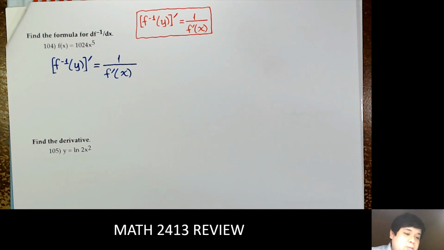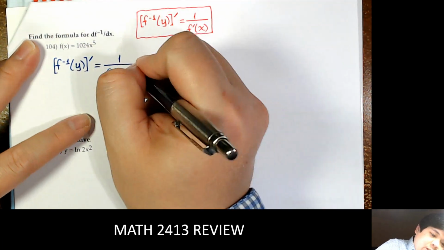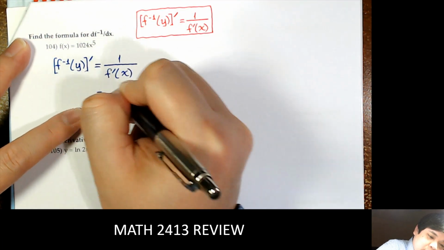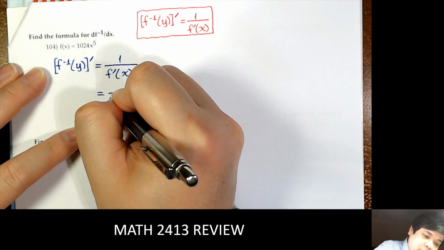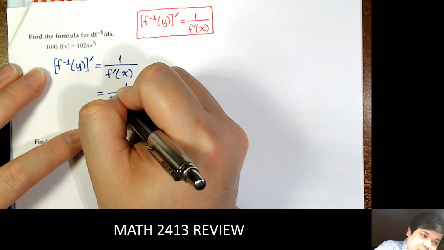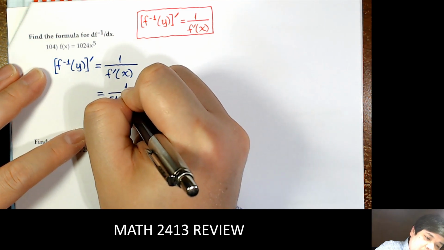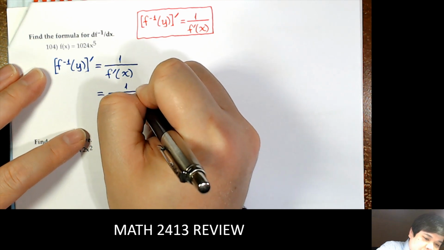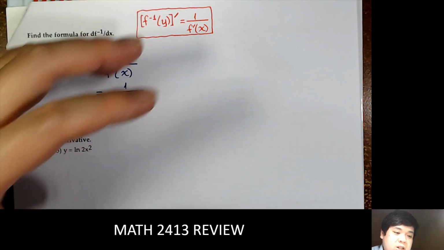We have 1024 times, so that will be equal to 1 over 5 times that is 5,120 x to the 4th power. So pretty much that's what the theorem tells us.